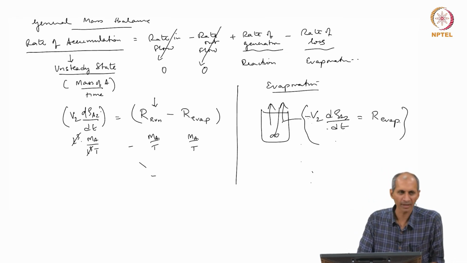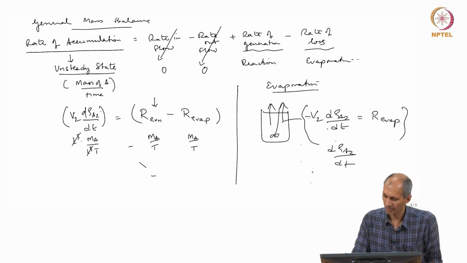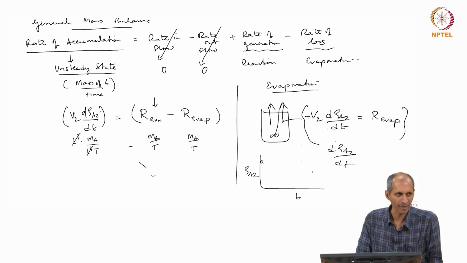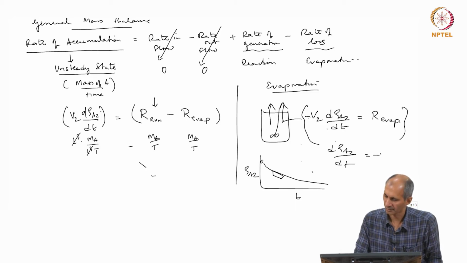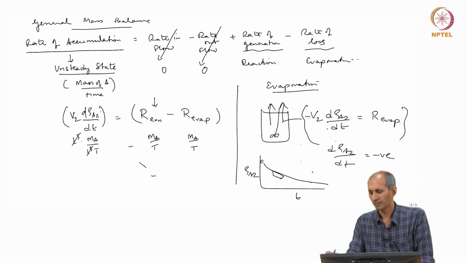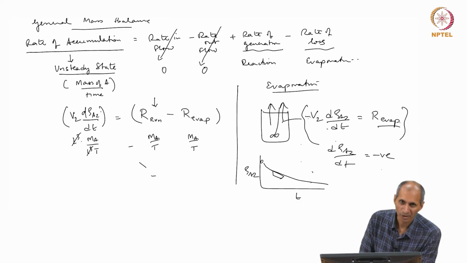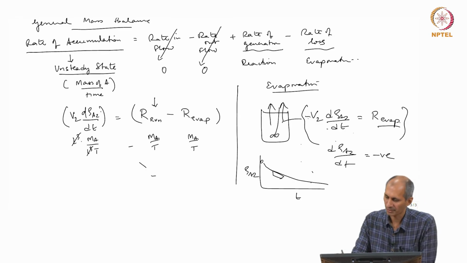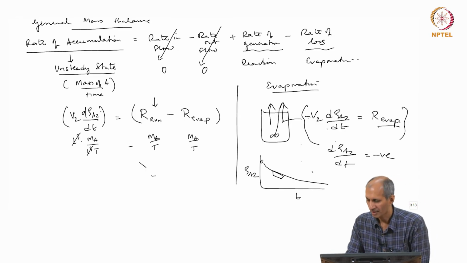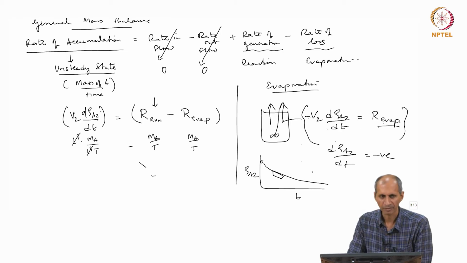The reason I put a minus sign here is that if I measure the concentration ρA2 versus time, I am going to start somewhere, and because it is evaporating, it is decreasing. So, dρ by dt is negative. The rate of evaporation, as we mentioned, is positive. Whenever we talk about rate of evaporation, it is positive. So, in order to make this entire quantity positive, we put a negative sign there.